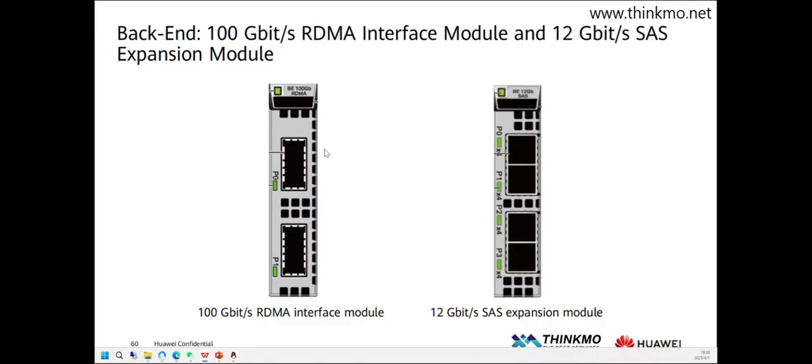These 2 interfaces are both optical ports, and the speed can reach 100 Gbps. This speed is actually very fast. Among the front-end interfaces we introduced earlier, the fastest also reaches 100 Gbps, and this back-end interface is an optical port with 100 Gbps.